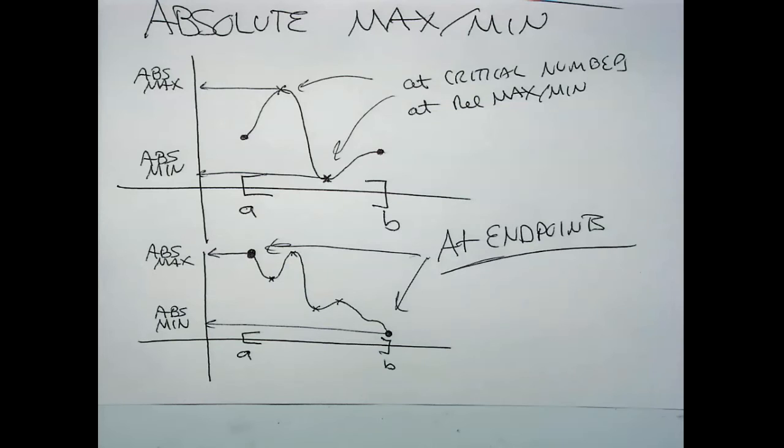So let's do a problem. What I'd like to do is find the absolute max and min on a closed interval. And I'm going to pick a problem from the book. Let's start with problem 21. This is from the homework.